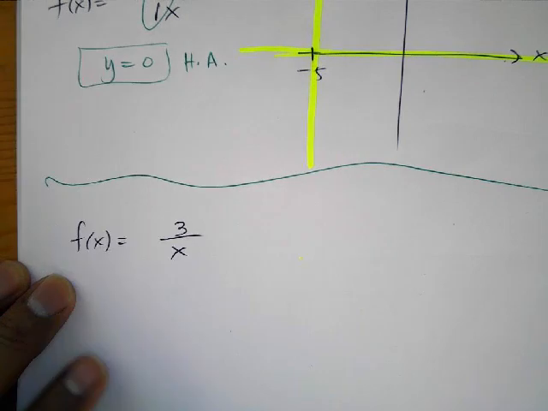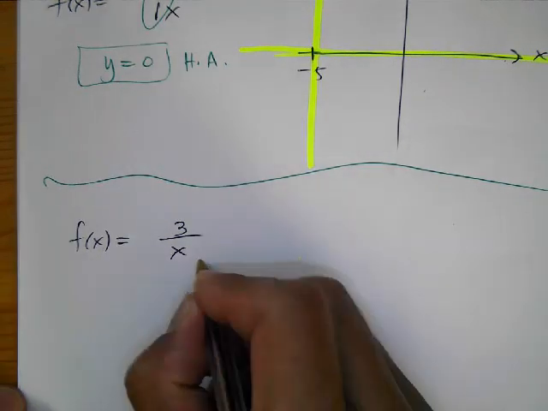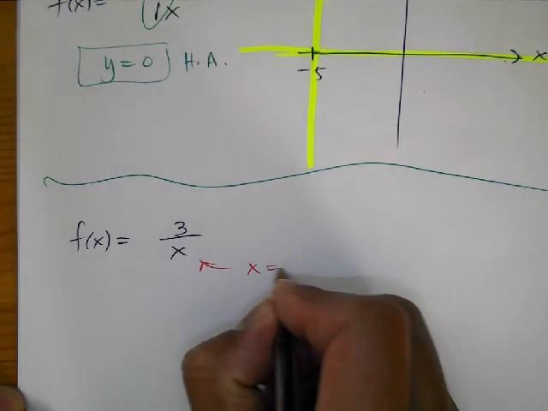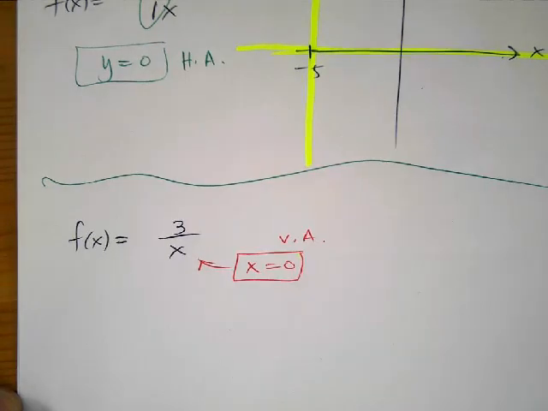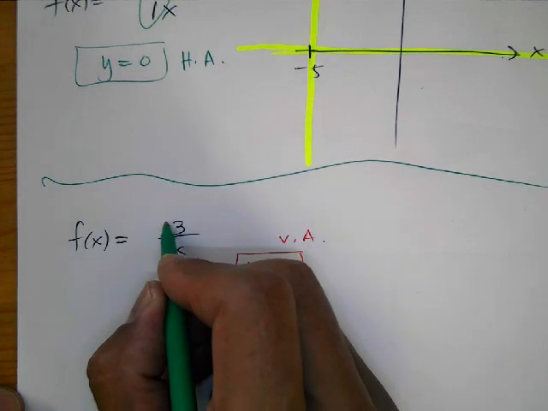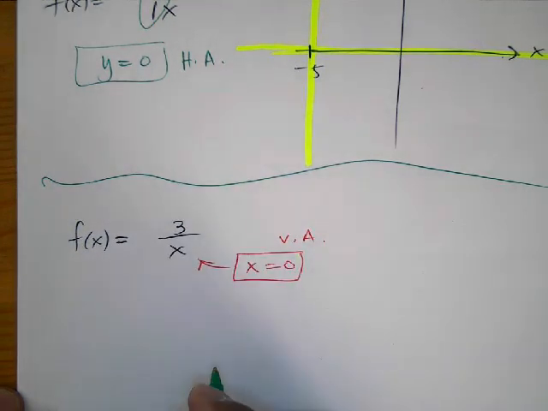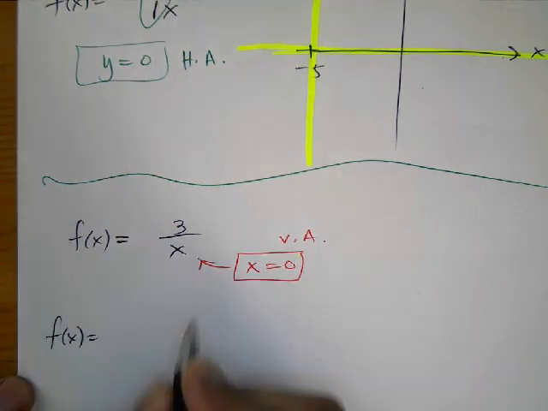What if you have something like f of x is equal to 3 over x? What if you have this? Well, here, that's going to be x equals 0, so that's your vertical asymptote. And your horizontal asymptote is also, there's no x over here, right? 0 over 1.